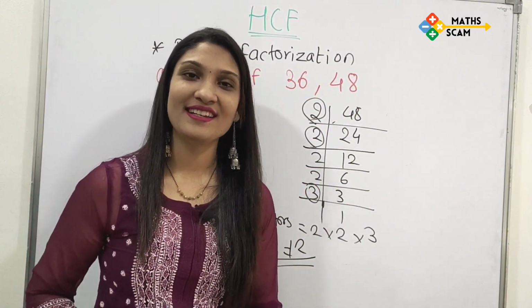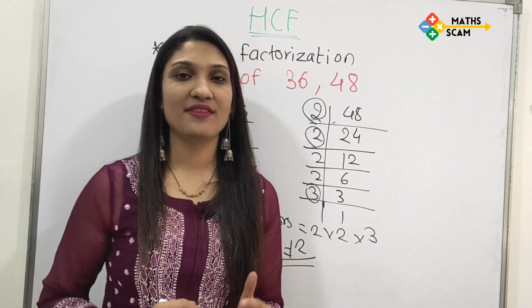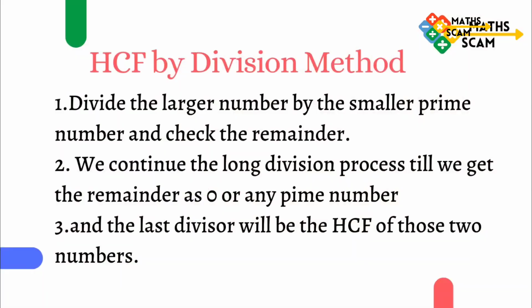Now you got it. Next method we'll see is the division method. HCF by division method. This method is similar to the prime factorization method. The only difference is that in prime factorization we find factors of each number separately, but in this division method we find the factors together.